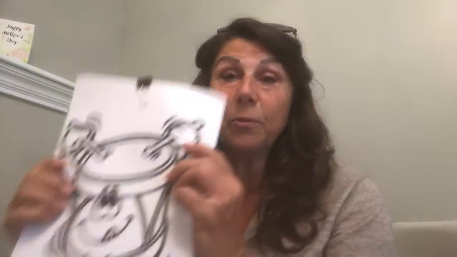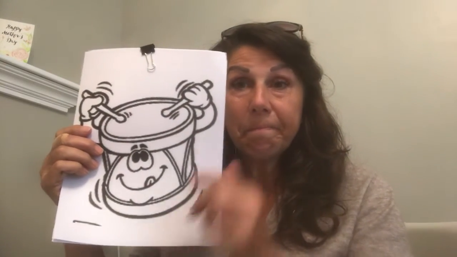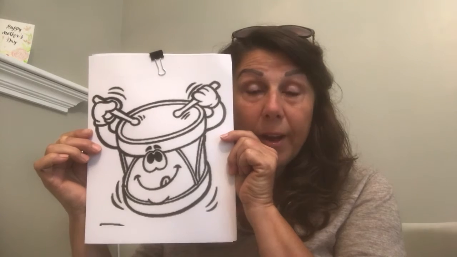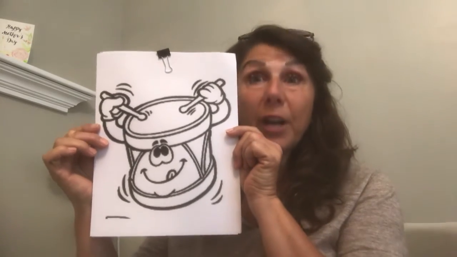That's part of the string family. All right. What about this picture? What is this? That looks like a drum. Which family is that part of? Percussion. Who is part of that family? If I hold up my puppets? Petey Percussion. He's part of the percussion family.